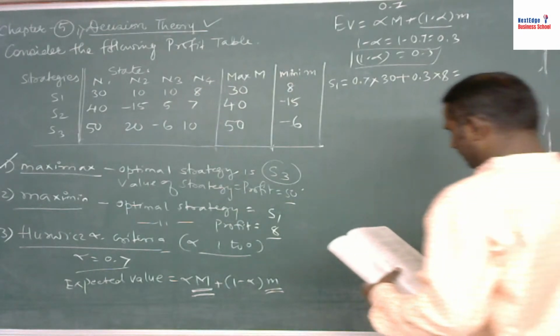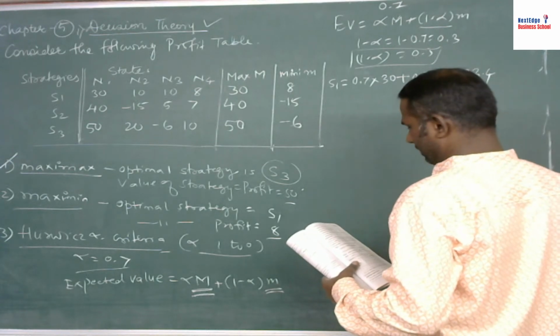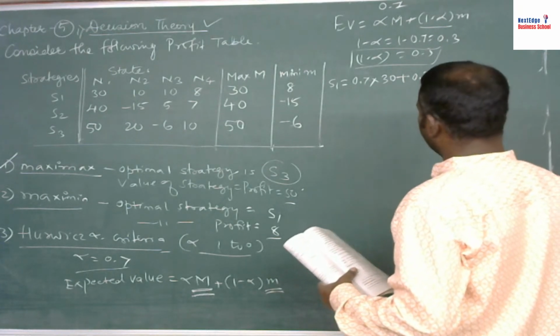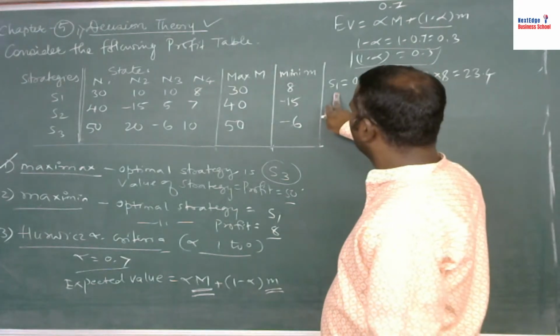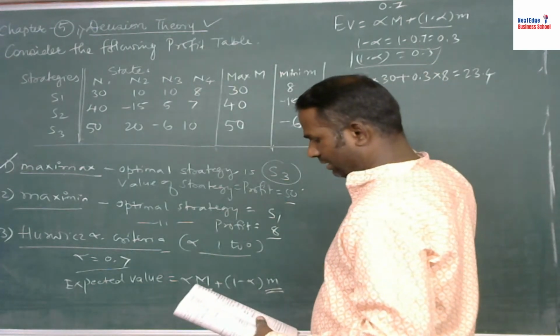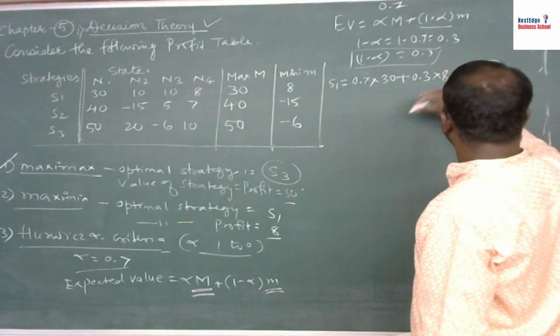It is like 23.4. This is called the expected profit for strategy S1. The expected profit for strategy 1 is 23.4.